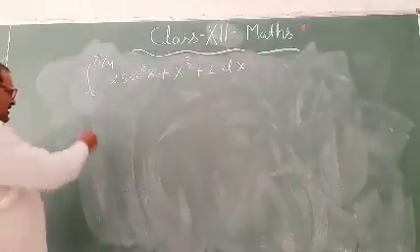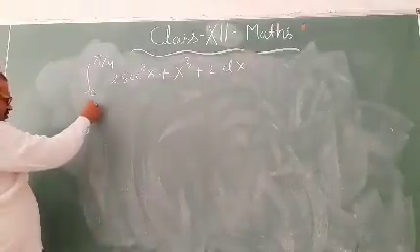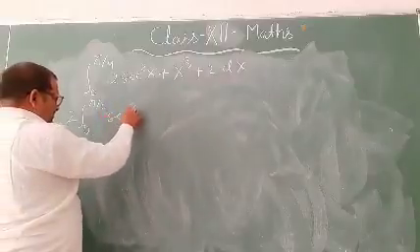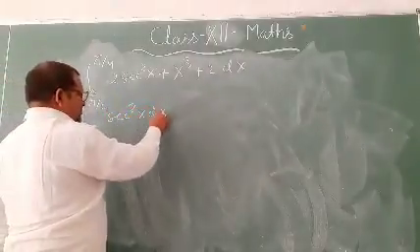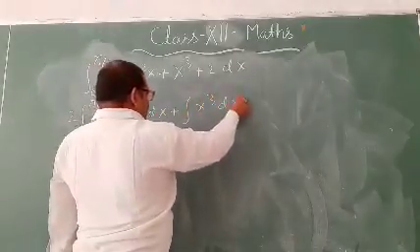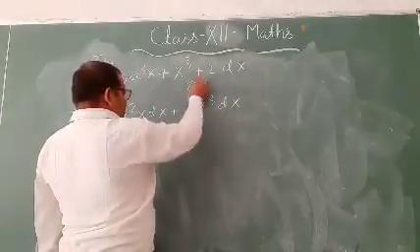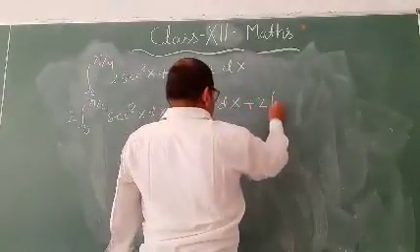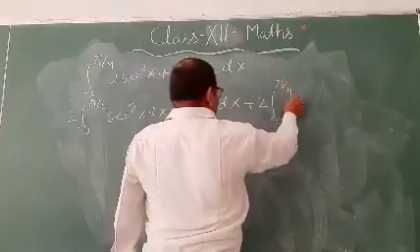Now separate the integral: 0 to pi by 4 of 2 sec square x dx plus x cube dx from 0 to pi by 4 plus 2 dx from 0 to pi by 4.